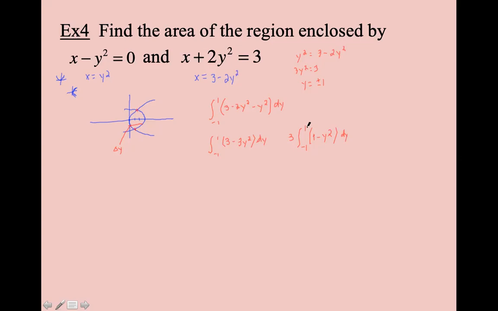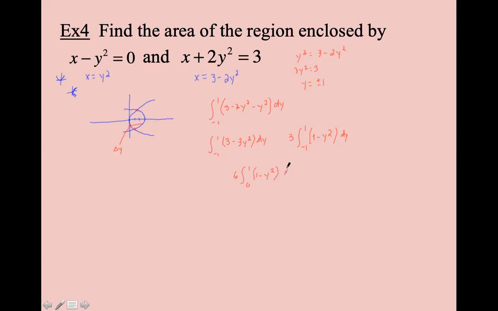That was one of our properties of integration. So I could write this as 6 times the integral from 0 to 1 of 1 minus y squared dy. It's like we're going from here to here and just doubling it. If you didn't see that, it's okay. It would still work.